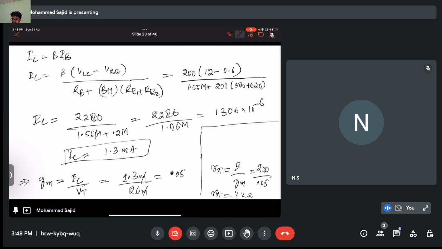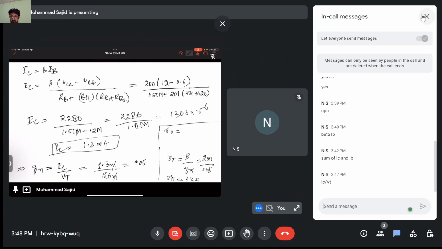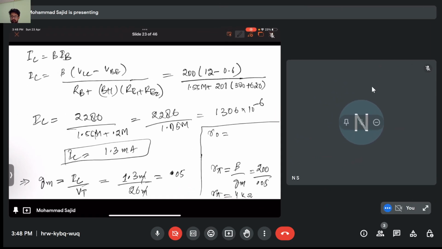And also we have to calculate r naught. How does r naught appear in the circuit? r naught is because of the early effect, early voltage. If you have early effect in the transistor, r naught is VA by IC.